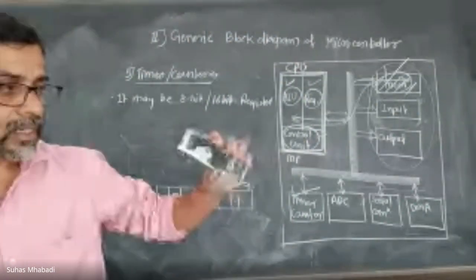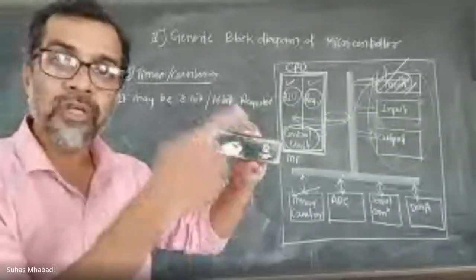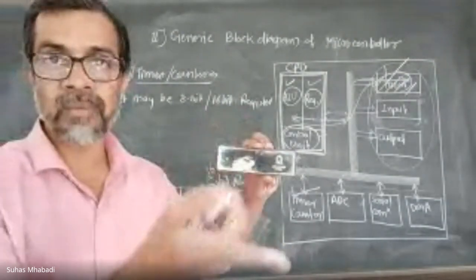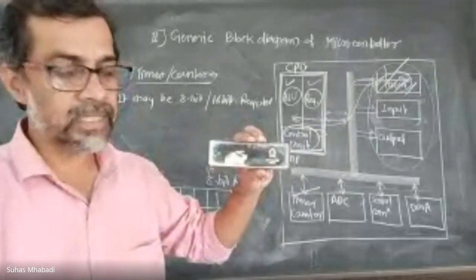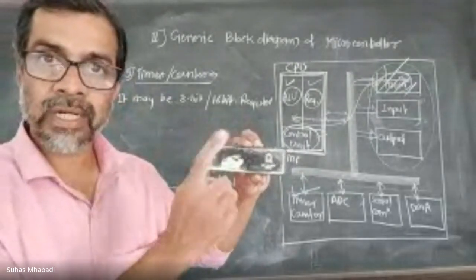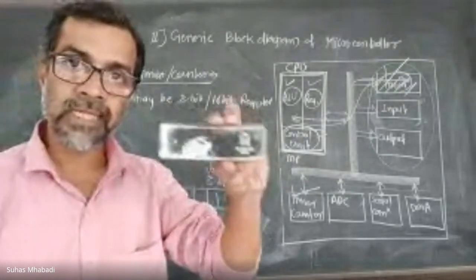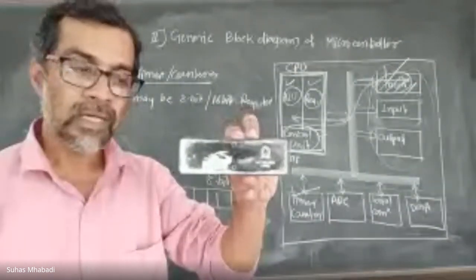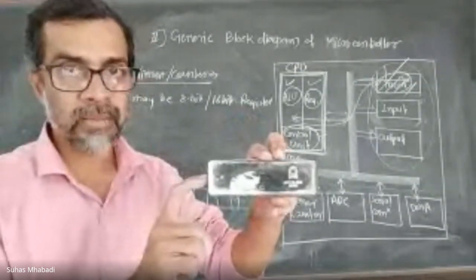But then the same register is used for two different purposes. The first purpose is it has to work as a timer, and the second purpose is the same register has to work as a counter. The place is same, the object is same, the register is same. So the same register can be used as a timer and the same can be used as a counter.